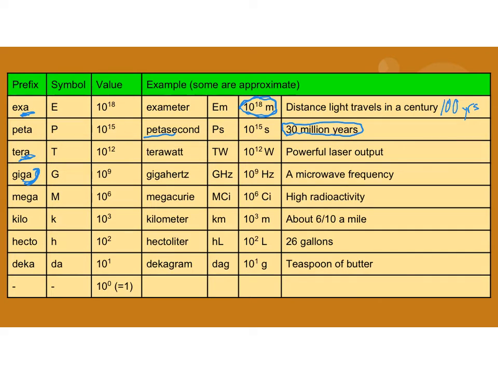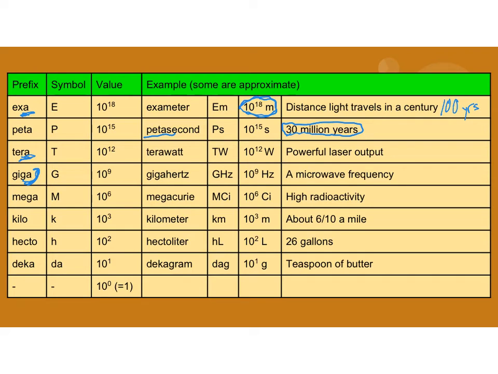That is 10 to the 9 order of magnitude, and a gigahertz is a frequency, a very high microwave frequency. A megacurie, that is 10 to the 6, that is very high radioactivity.